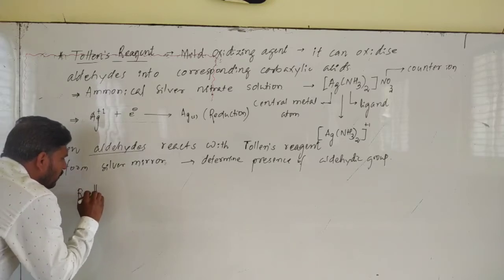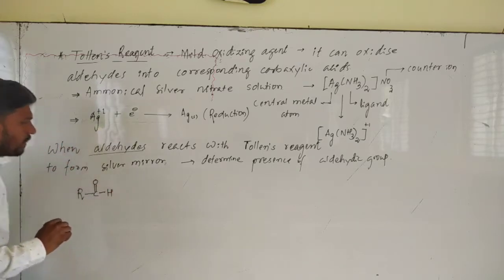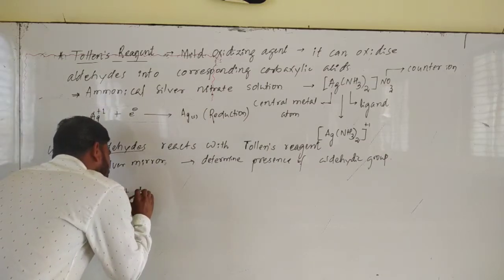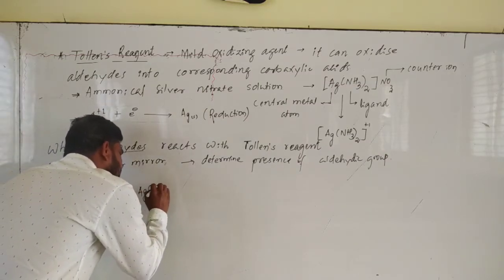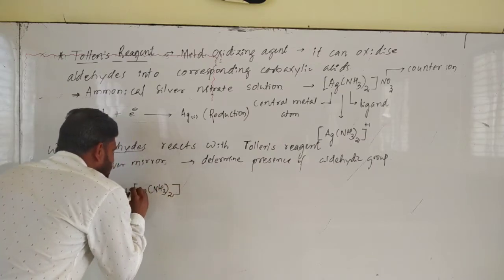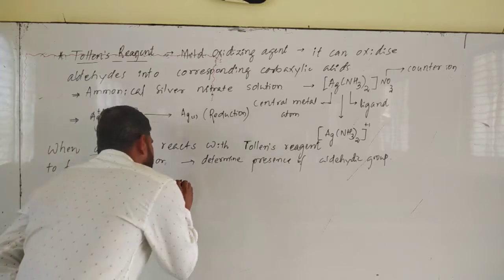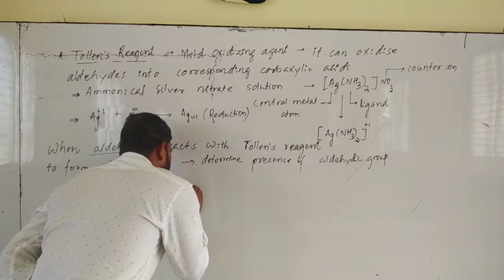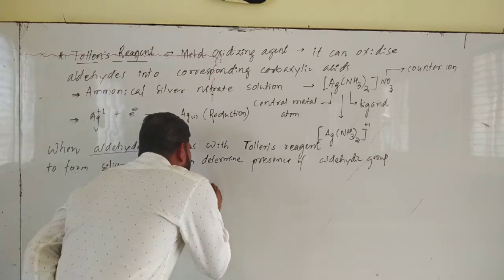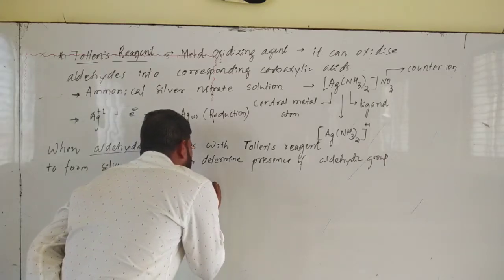RCHO. When it is oxidized by using diamine silver complex, this is nothing but ammonical silver, but this takes place in presence of a base, that is sodium hydroxide or potassium hydroxide.